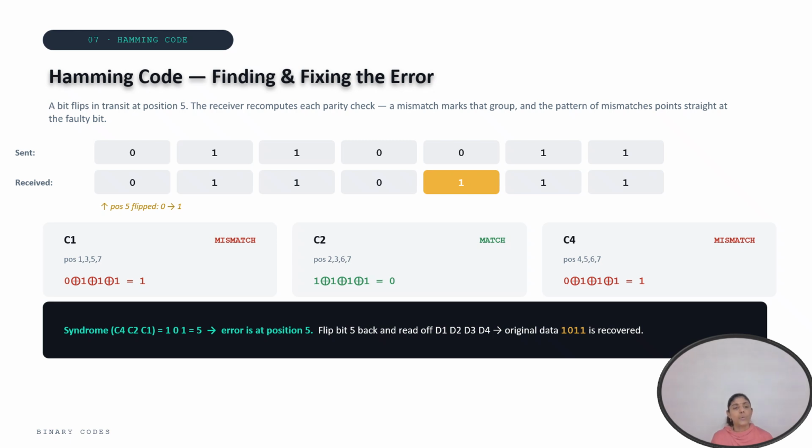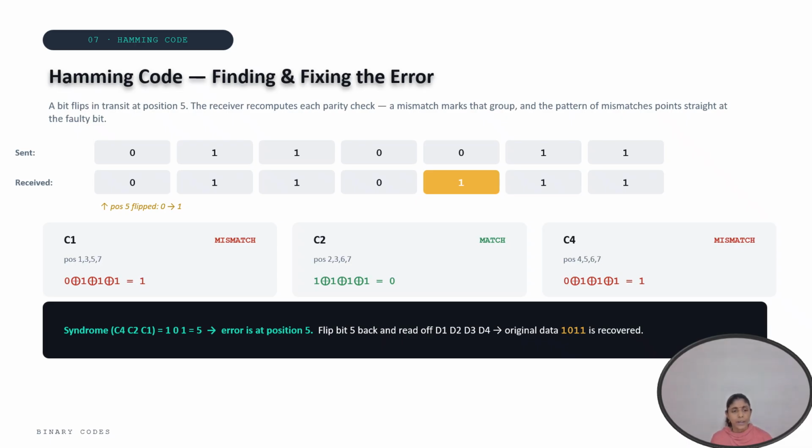Now you have sent the values. What is the value you have sent? 0, 1, 1, 0, 0, 1, 1. Please check the slide. But while receiving, it is received as 0, 1, 1, 0, 1, 1, 1.